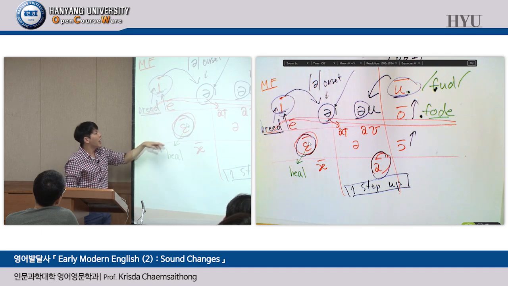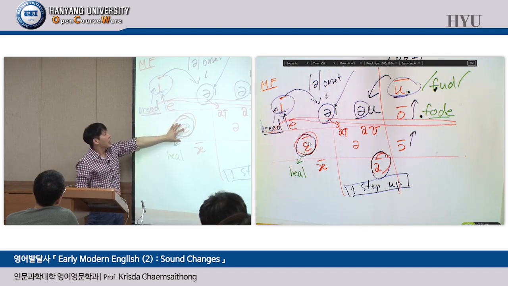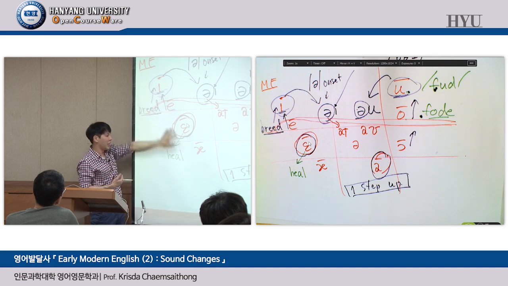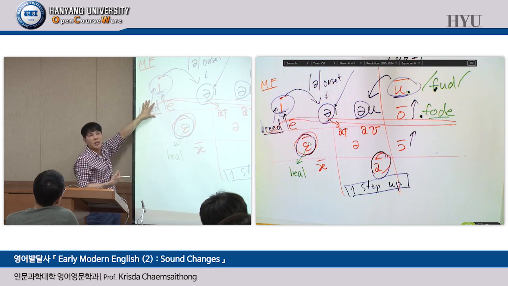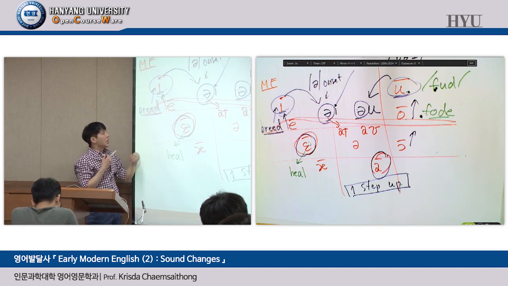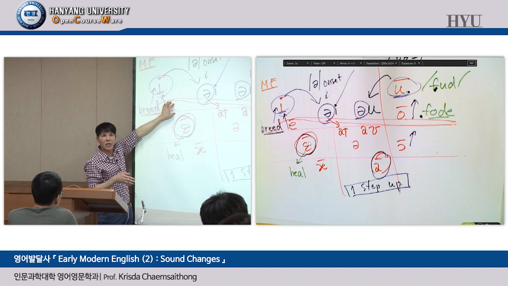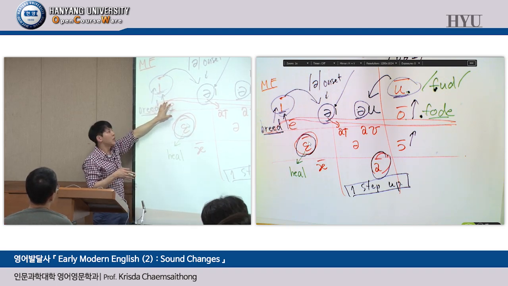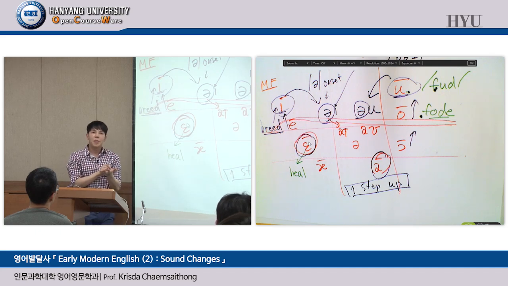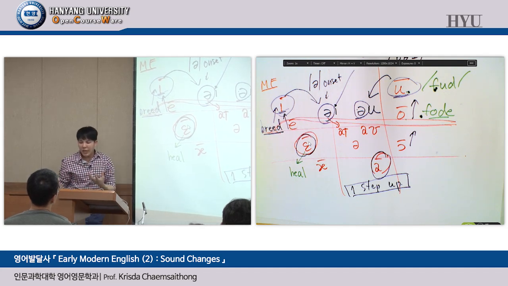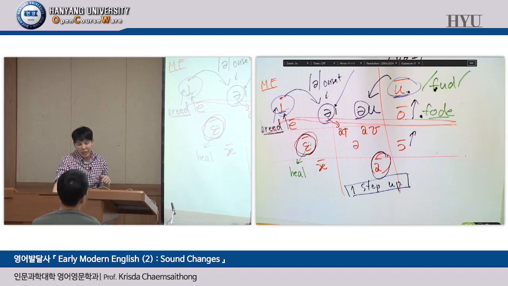And how do we know that this one ended up in this position? Because of the modern day pronunciation, right? "Heal," which is the same as "breed." But the spelling is different. And because during the mid stage, which is here, where this one moved up to here, in Shakespeare's plays or in other contemporary writers' works, you can see that words rhyme when they are not supposed to rhyme.